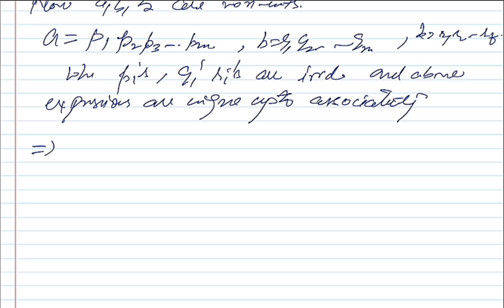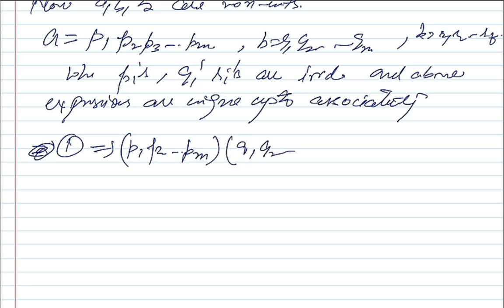This implies, from equation 1, that P1, P2 up to Pm into Q1, Q2 up to Qn is P times R1, R2 up to Rt.